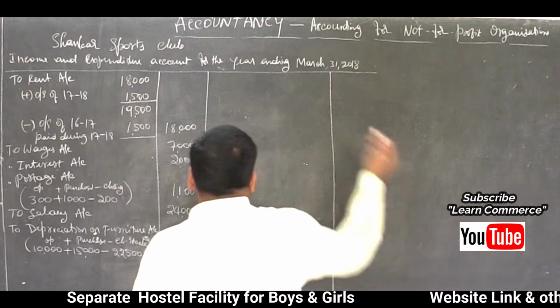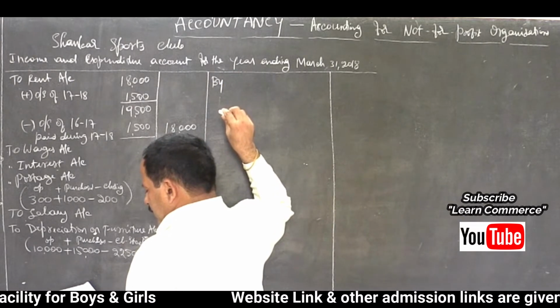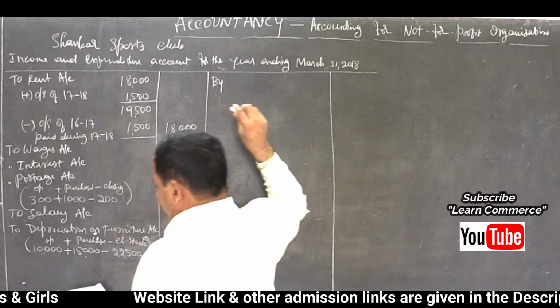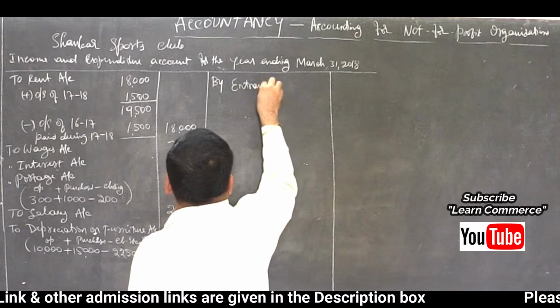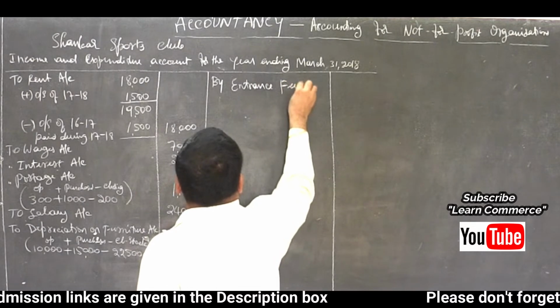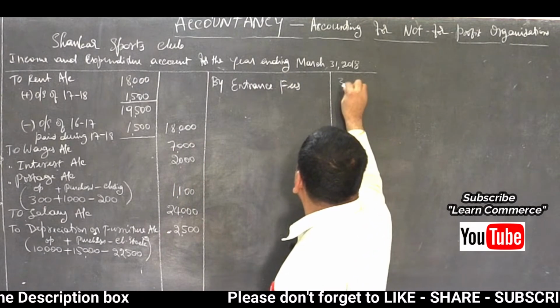Let us move on to the income side. By entrance fees, let us take up entrance fees first. No instructions are there, that means that is revenue, 3,200.